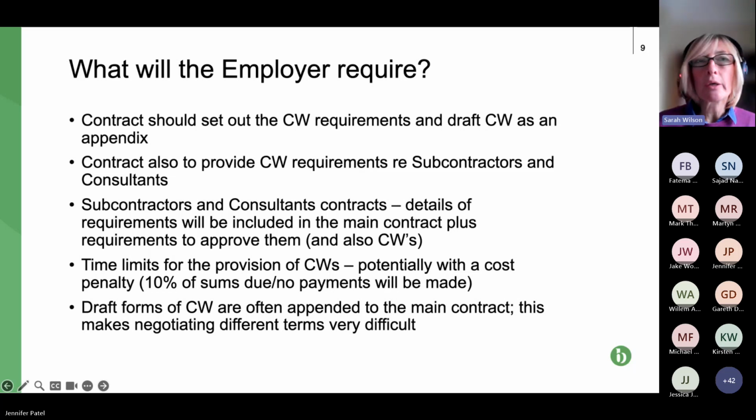I think that's too harsh. I think, as it says there, 10% of the sums due would be a more reasonable sum. And of course, the requirement that once the collateral warranties are up to date, that 10% that might have been withheld is then paid back.